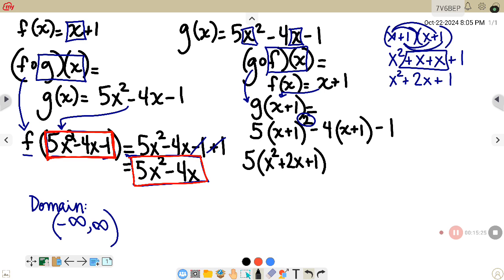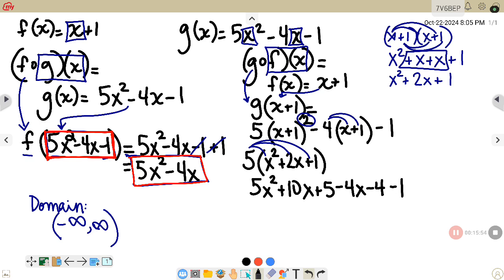Now I can distribute the 5. So now I have 5x squared plus 10x plus 5. I can distribute the negative 4 to remove those parentheses. So I'll have negative 4x minus 4, and then just drop down the minus 1. Now we can clean this up by combining like terms.